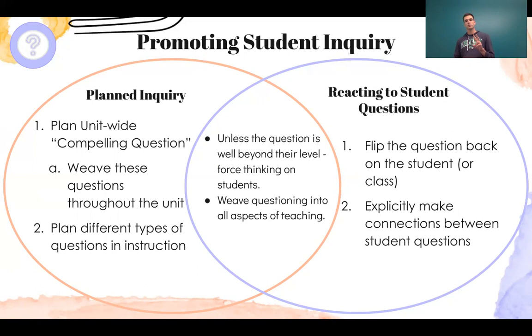The second is we want to find approaches that weave questioning throughout our unit. It shouldn't be that we have direct instruction for 10 minutes and then we start talking about questions. Questions should drive everything. As the late great Mark Johnson said, telling is not teaching.